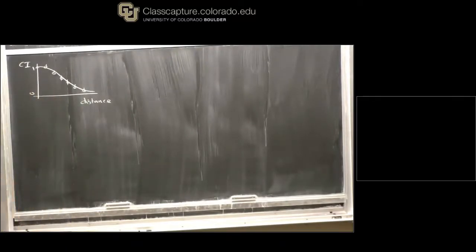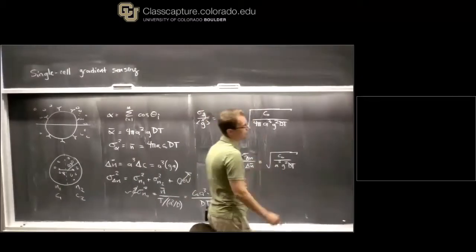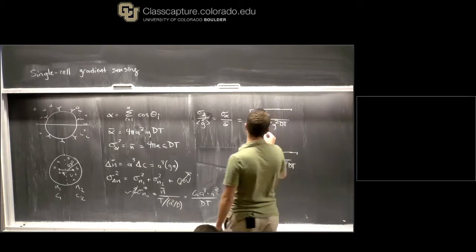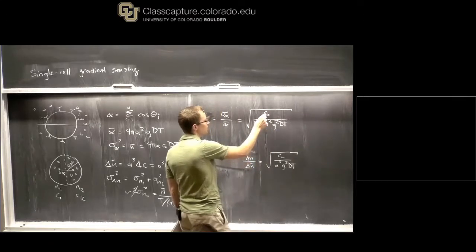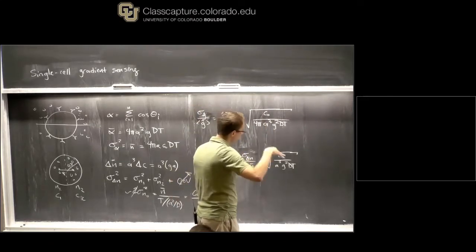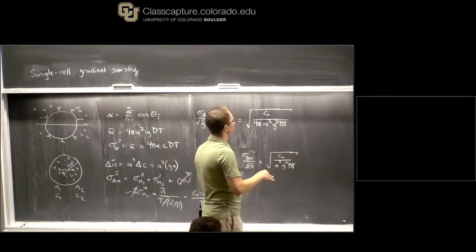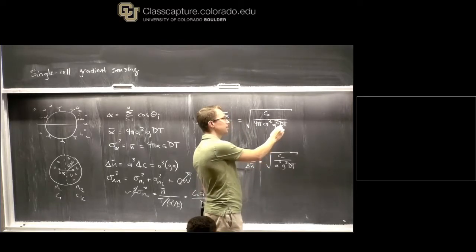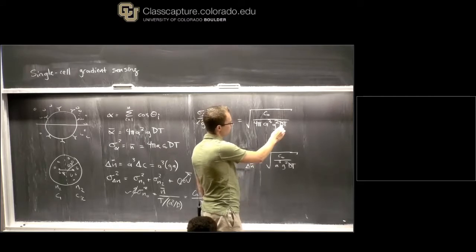The fit is decent, and it requires a fit parameter, which is basically a combination of some of the parameters in the problem. It was possible to estimate the gradient and the background concentration from the profile of the signal coming from the pipette, and the molecule was cyclic AMP, whose diffusion coefficient is well known.